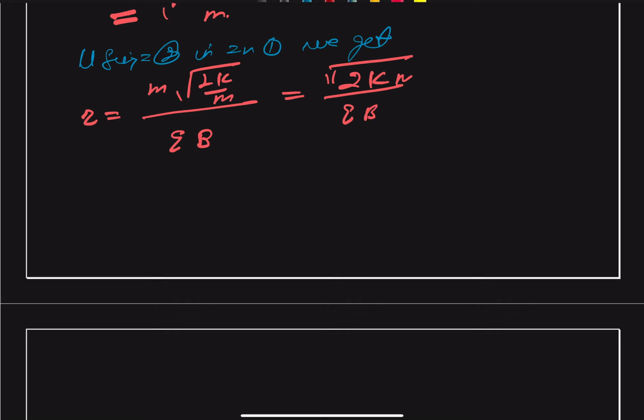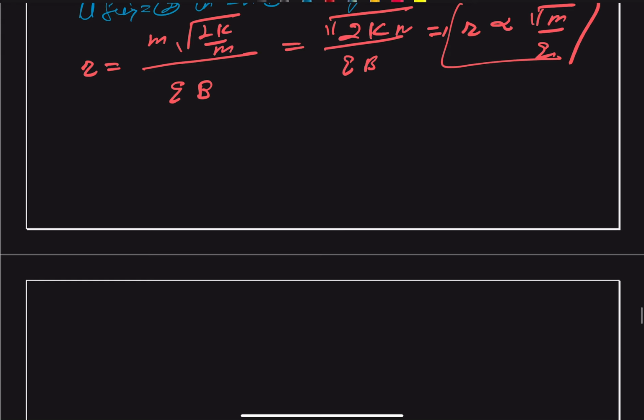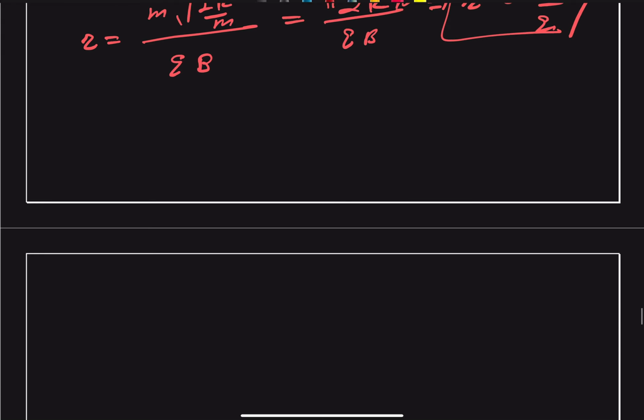So from here we can say our radius is proportional to the square root of m upon q. Let us call this equation number 3.